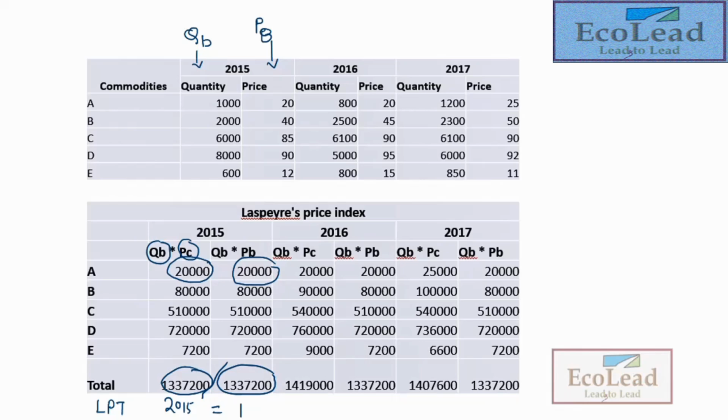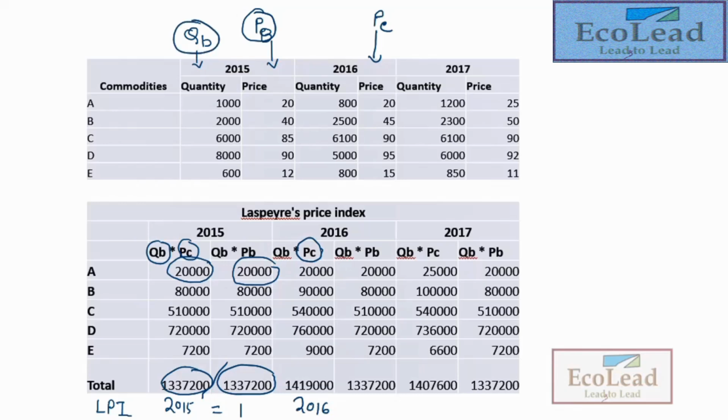Now let us calculate the last year's price index for 2016. For 2016, price of base year will be the price of base year that we have considered here, that is 2015's price. And price of current year for 2016 will be the price of current year here, 2016's price. But quantity in both the cases, we will consider the 2015's quantity.